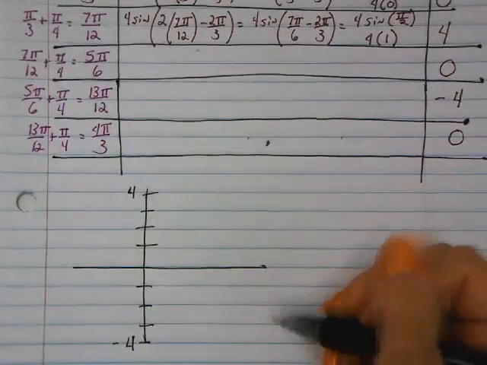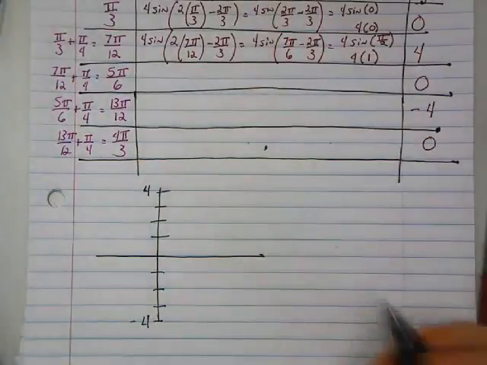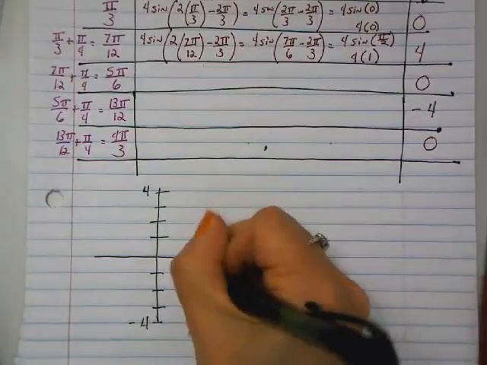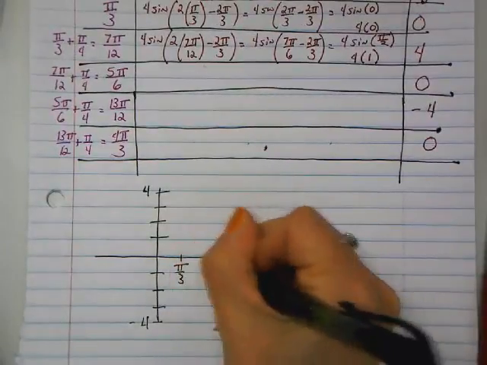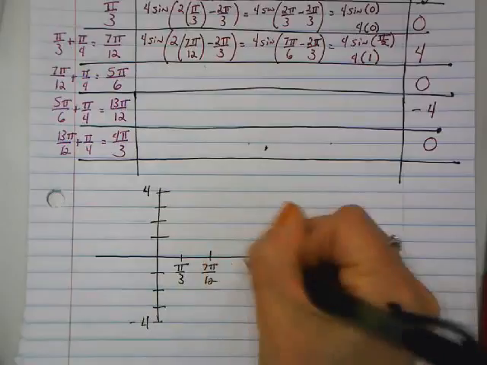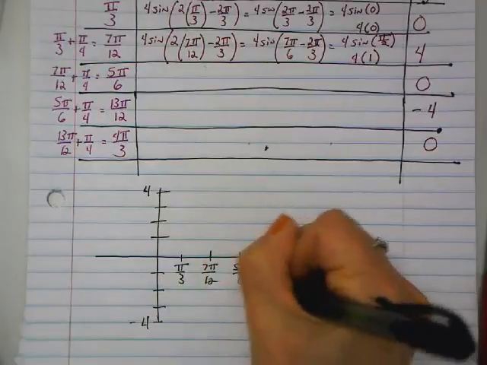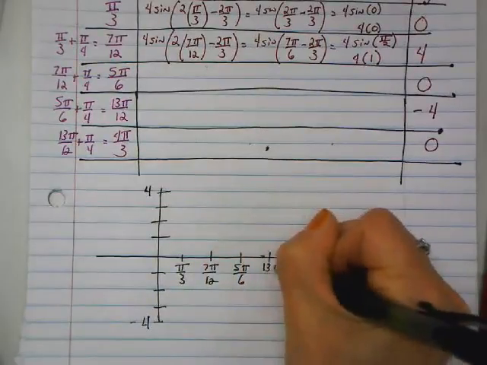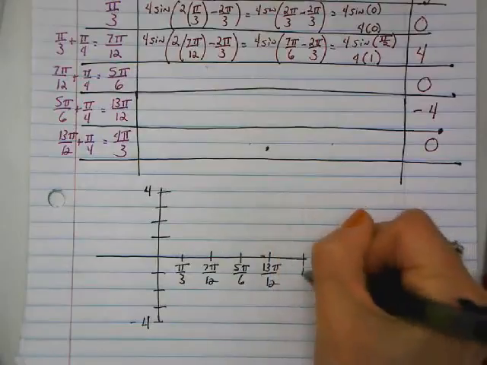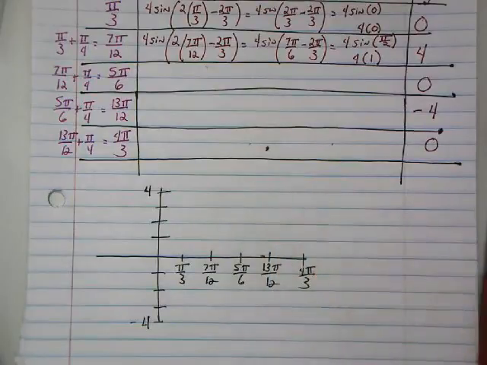I begin at pi over 3. And I go to 7 pi over 12, 5 pi over 6, 13 pi over 12, 4 pi over 3. And now I just fill in.